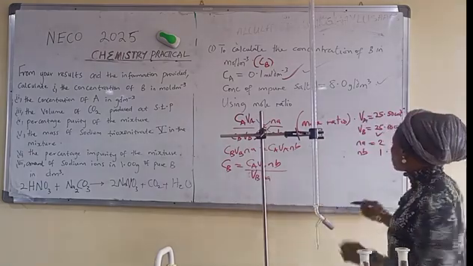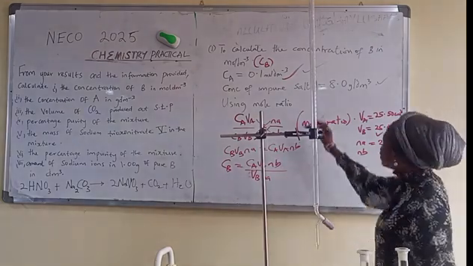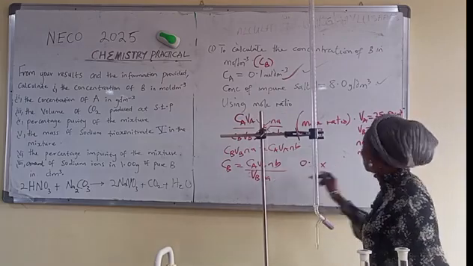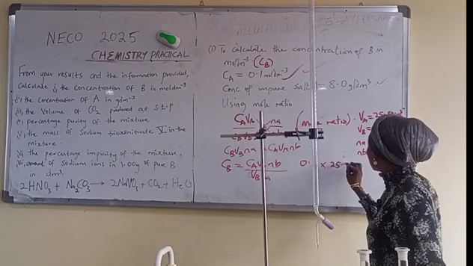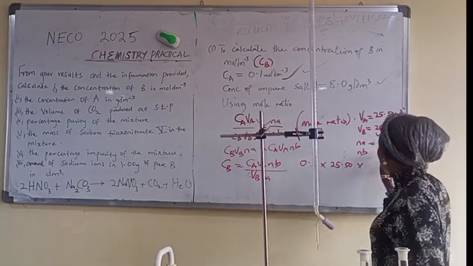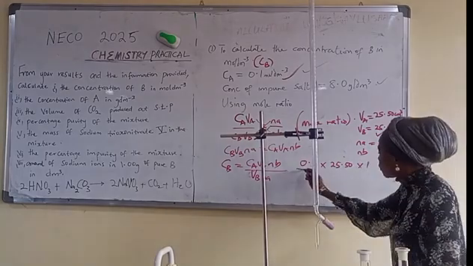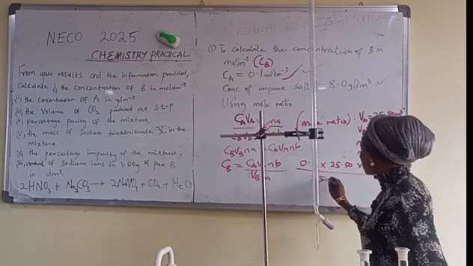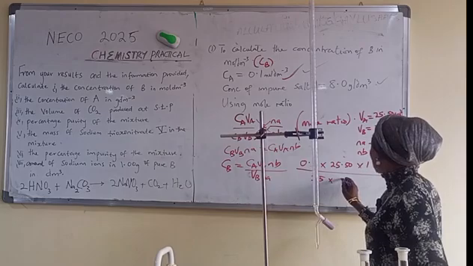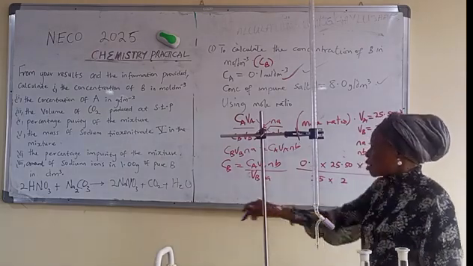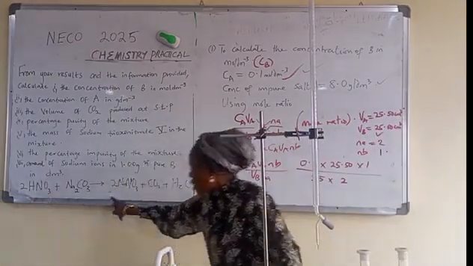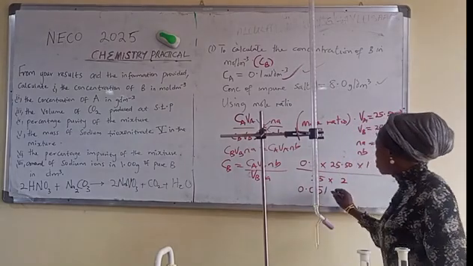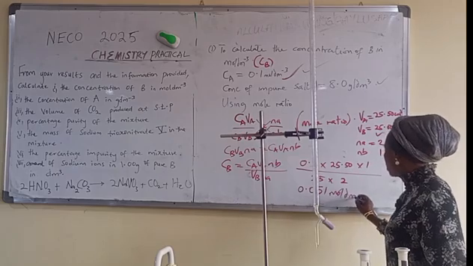So put in your values. We have CA 0.1 times VA 25.5 times NB, which is 1, over VB 25 times 2, which is NA, the number of moles of your acid in the chemical reaction. This gives us 0.051 mole per dm cube.